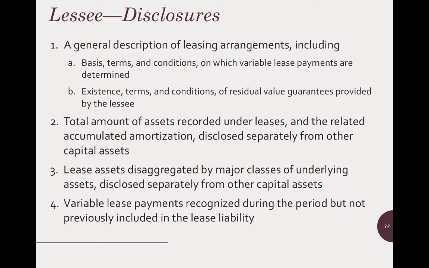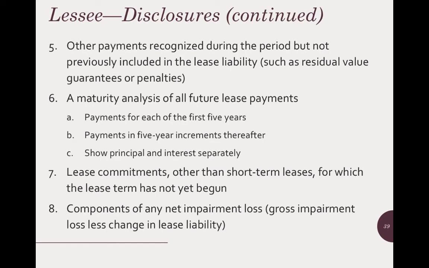And then if there are variable lease payments that are recognized during the period of the financial statements that weren't previously included in the lease liability, those should be identified in the note disclosures as well.